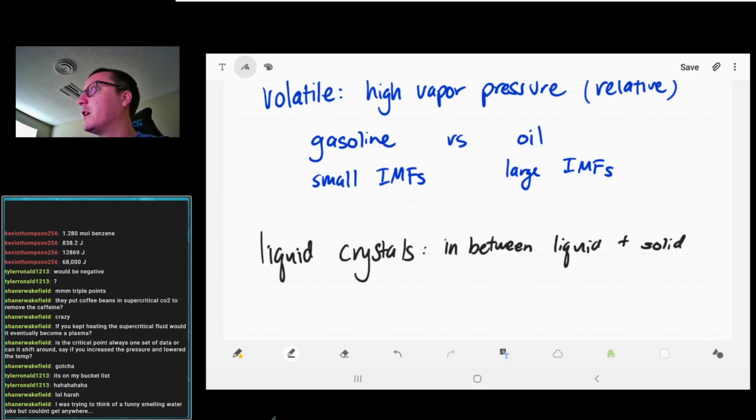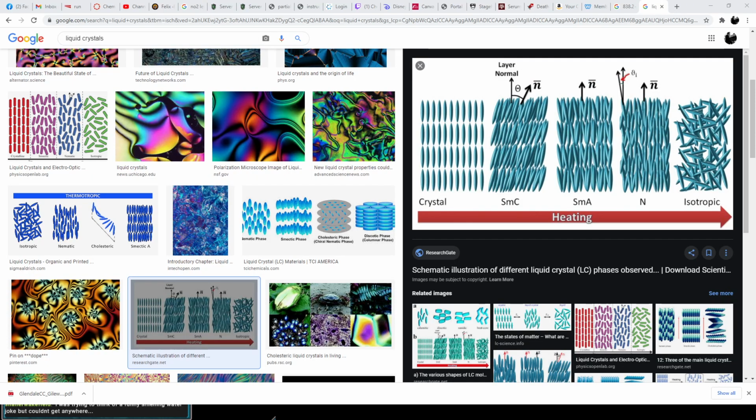Let me see if I can find a nice picture of liquid crystals. Okay, so here we go. This is what we're looking for. So liquid crystals kind of look like this.